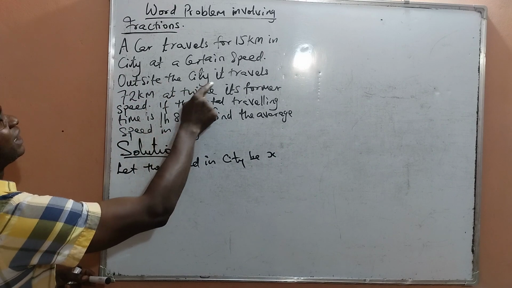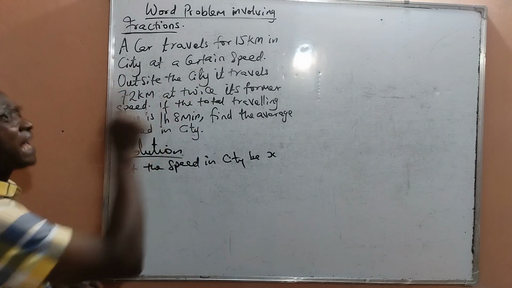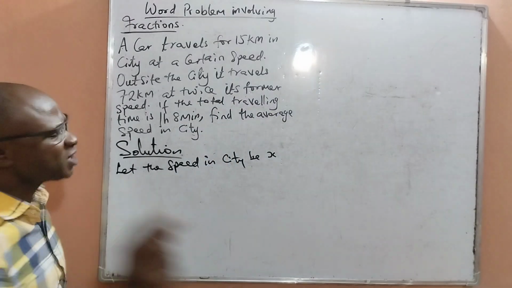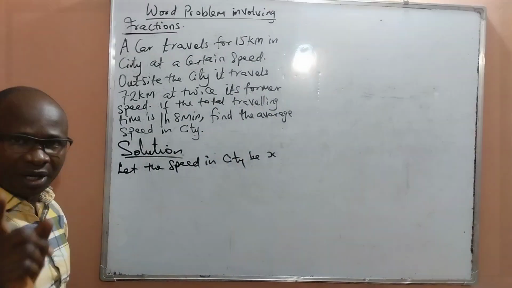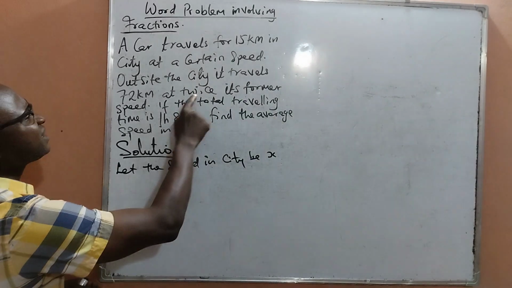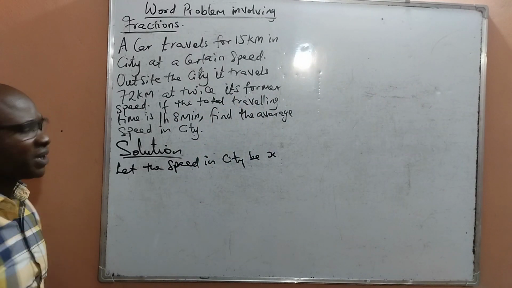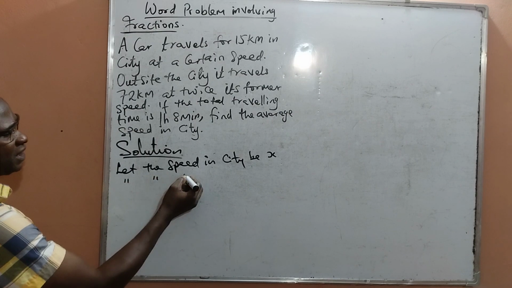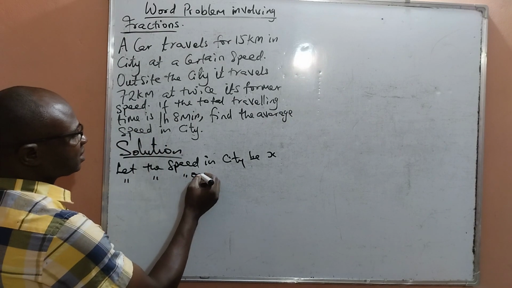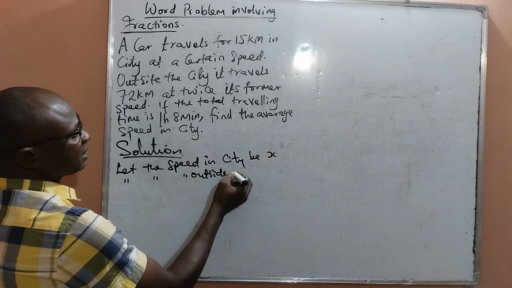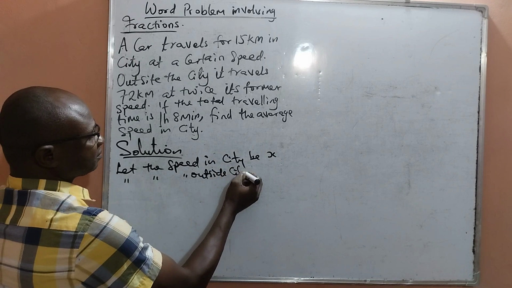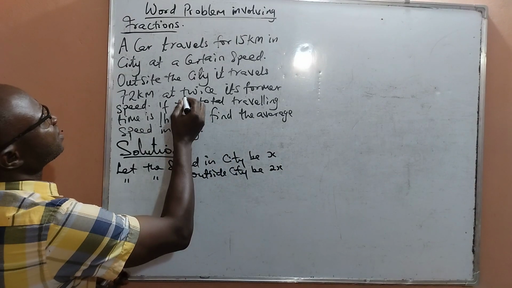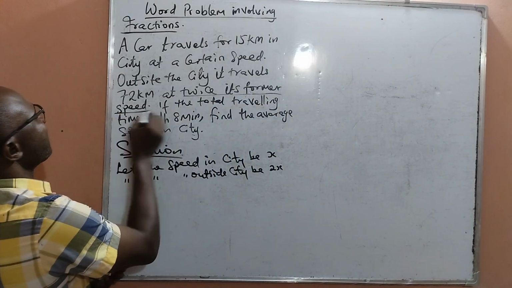Also, outside the city, it travels 72 kilometers at twice its former speed. The former speed is x. It is unknown, but twice its former speed means 2x. We can now say, let the speed outside the city be 2x, since the question says twice its former speed.